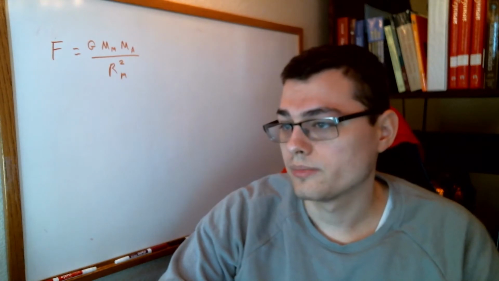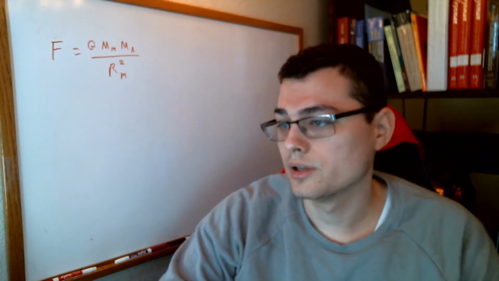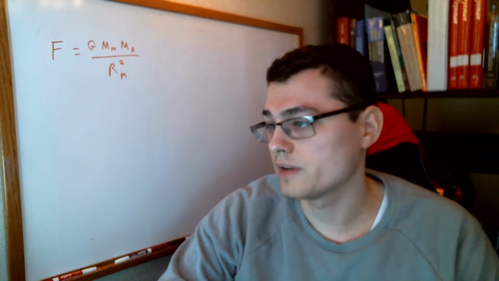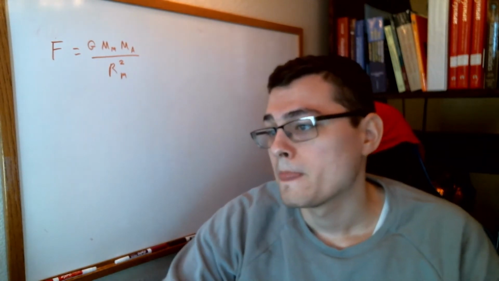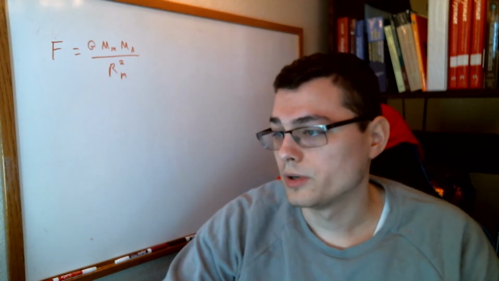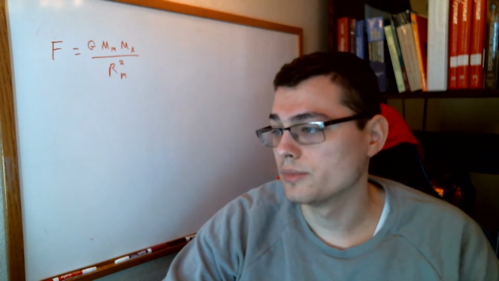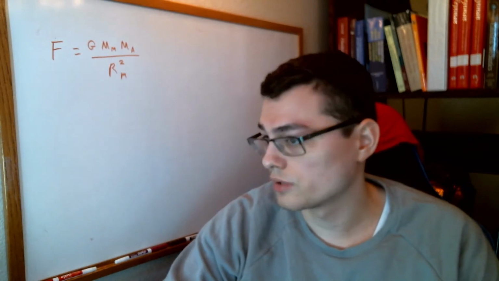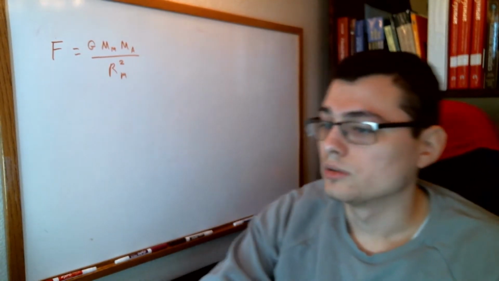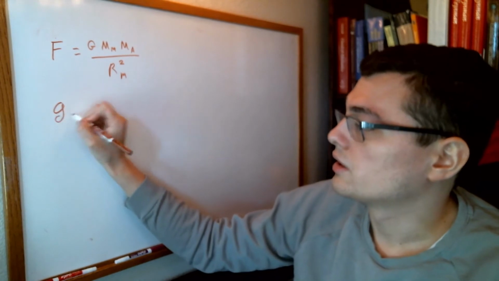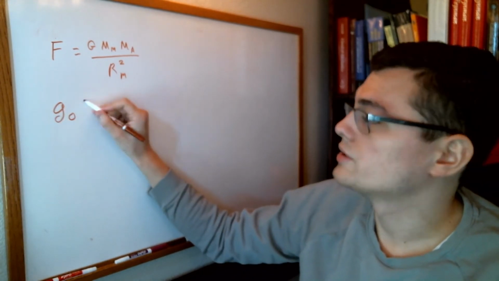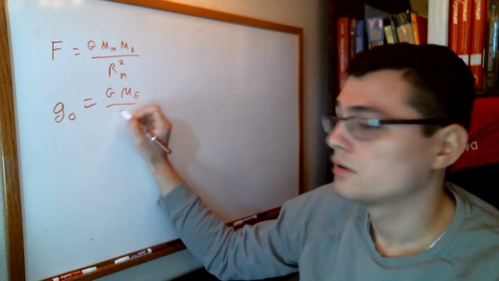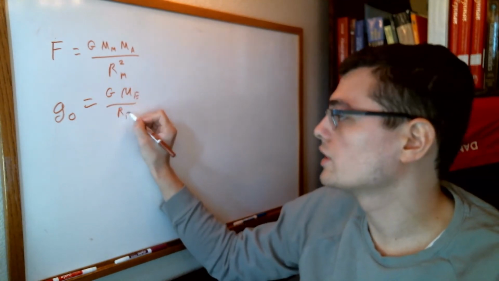Next up, the radius of the Earth is equal to its radius, and the acceleration of gravity at the surface is equal to g. Calculate the altitude above the surface of the Earth in meters at which the acceleration due to gravity is g, equal to whatever they give you. So we get immediately that g naught here is going to be equal to G M_E over R_E squared.